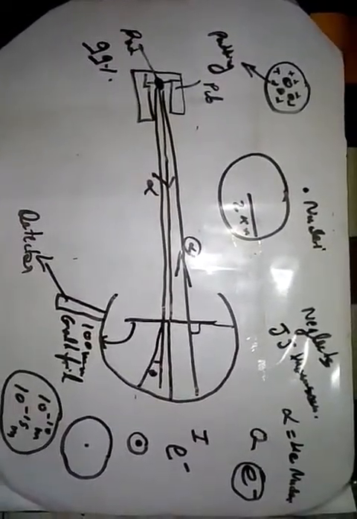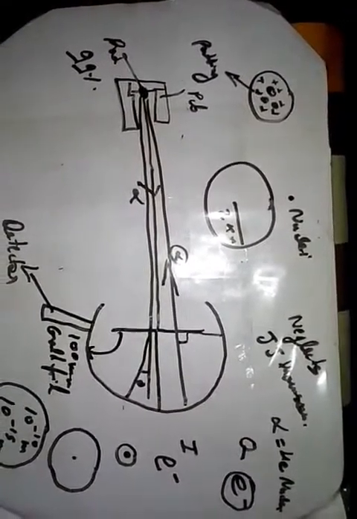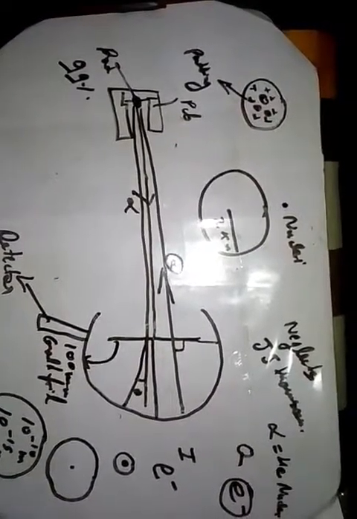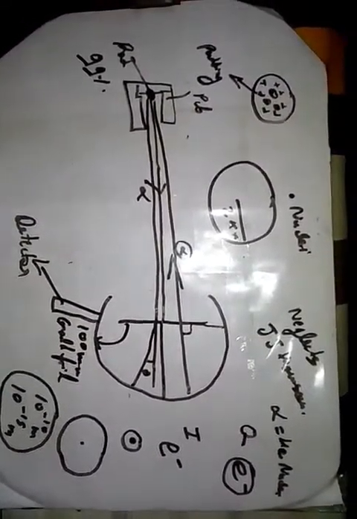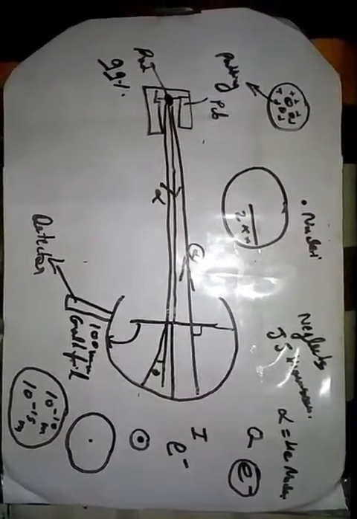So Lord Rutherford concluded that the size of a nucleus is very, very small as compared to that of an atom, and he proposed that around a dense nucleus, the electrons are revolving.